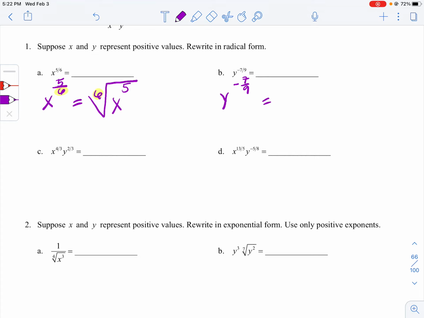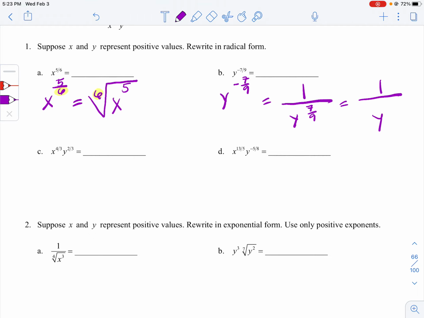So I'm putting this whole entire thing under: y to the 7 over 9, and 1 on the top. And according to the rule, it will no longer be a negative. Okay? And then I'm going to keep the 1 on the top, and I'm going to rewrite this one into a radical form. We know that the number on the top tells you how many y you have.